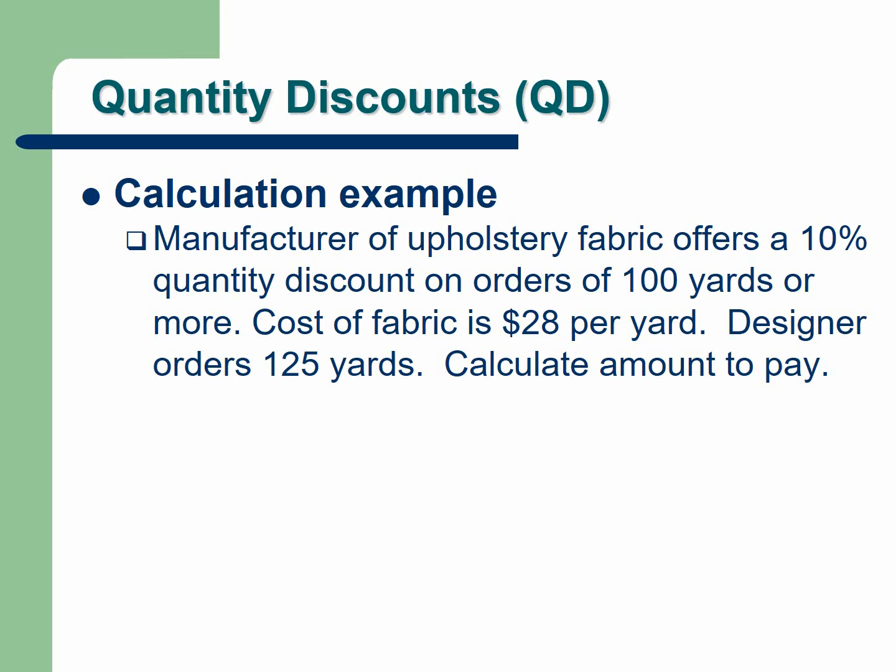So first we'll have to calculate the initial cost, the invoice cost, when the fabric is $28 per yard and you're buying 125 yards of that, and then calculate the quantity discount based on the 10% quantity discount, and subtract that quantity discount from the invoice cost to know how much you have to pay as the bill cost. Okay, let's pause the video and work on the problem.